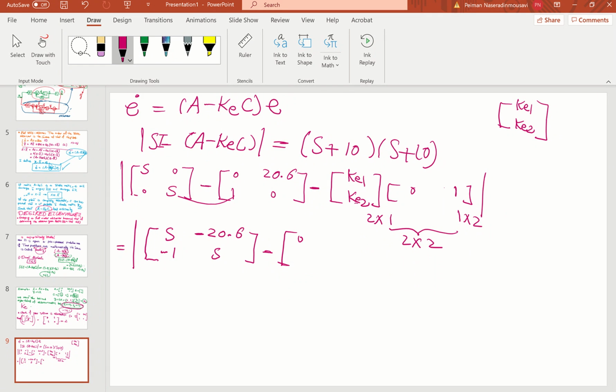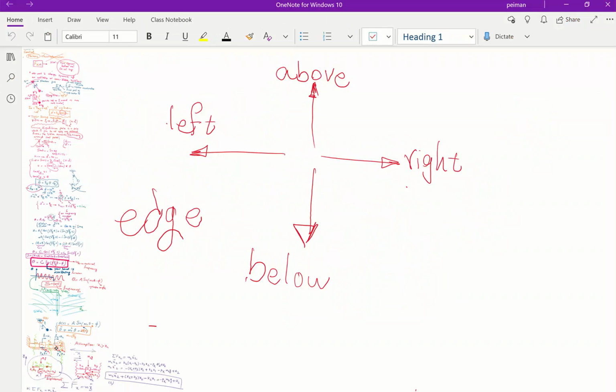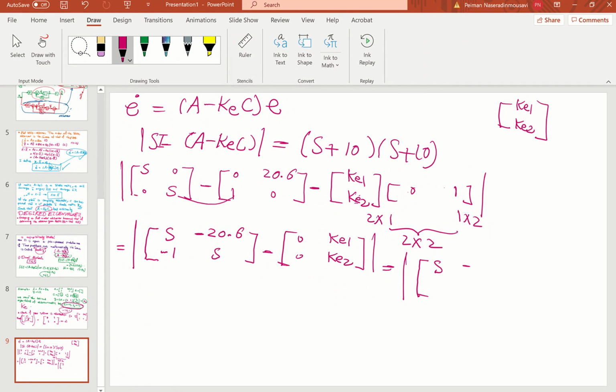Now KeC gives 0 Ke1, 0 Ke2, that's right, so the matrix is s, minus 1, minus 20.6 plus Ke1, s plus Ke2.